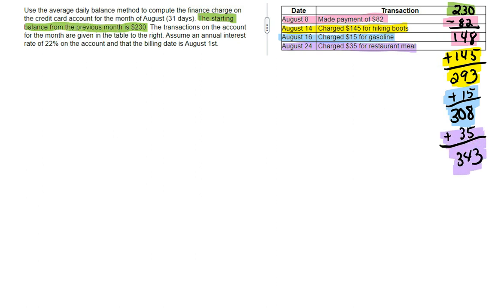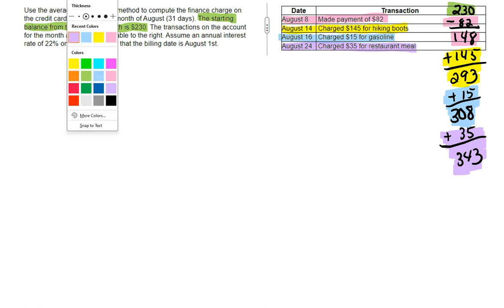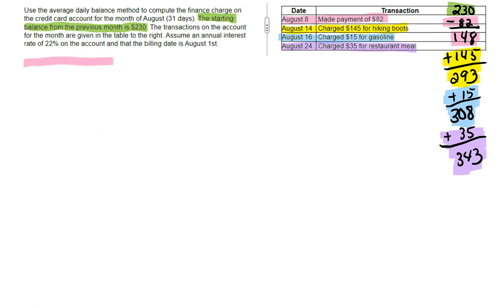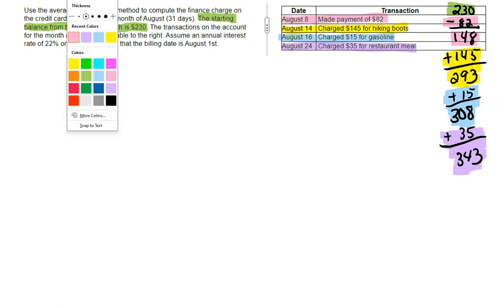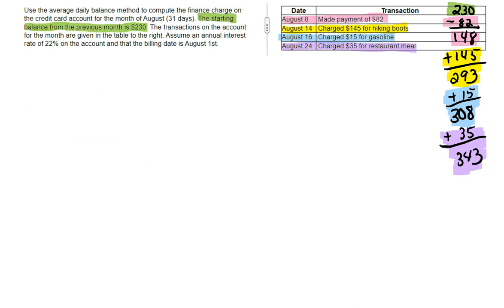Okay, so I'm going to come back over here. I'm going to try to do this by color. In the green, I meant the starting balance, from August 1st until right here, August 8th is when something changes.